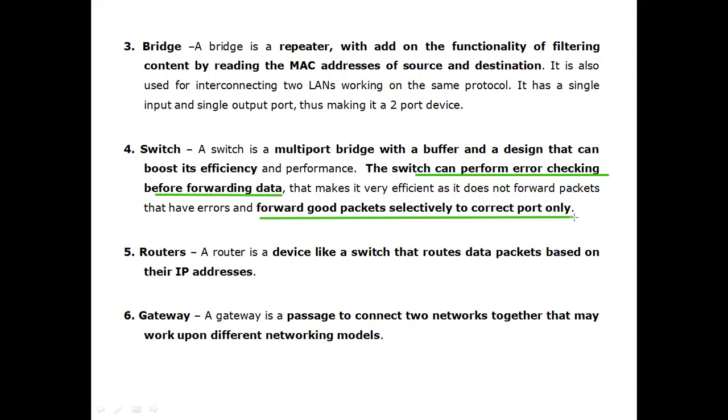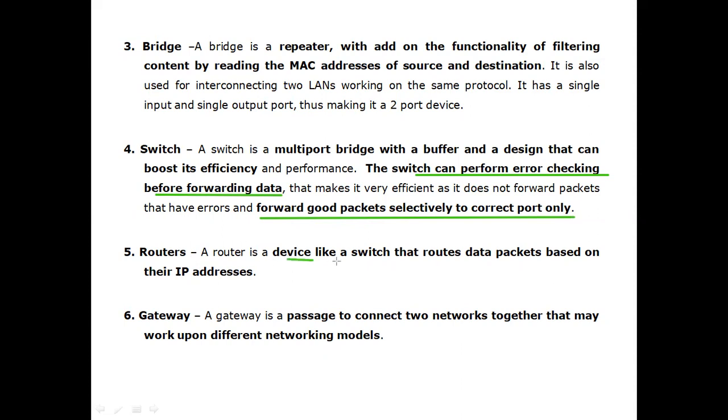It doesn't mean that whatever the ports are, whatever the nodes are connected to that device, it will send the data to all of them. No, it will just send the data to the correct port only, to the single device, which is the destination address only. Then there is a router. So what is a router?